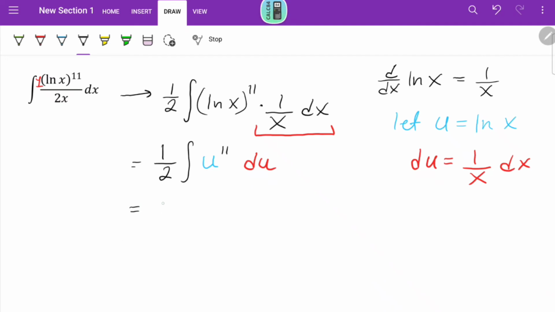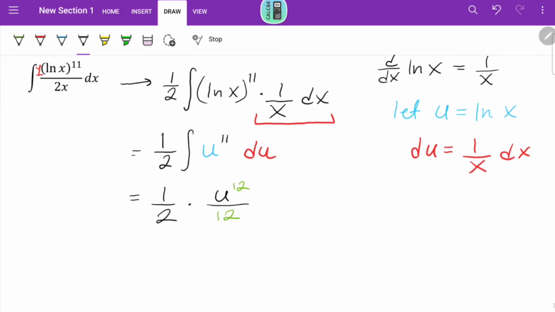Take the antiderivative, keep the 1/2 in front. That's 1/2 times u to the 12th power over 12. At this point, you guys should know how to work that. Then we're going to have 1 over 24.